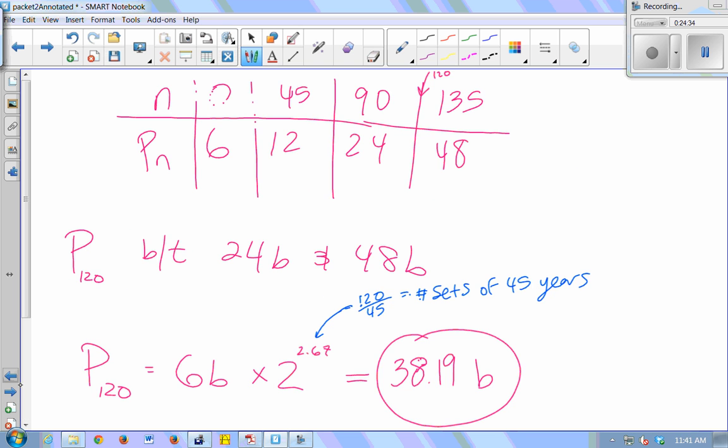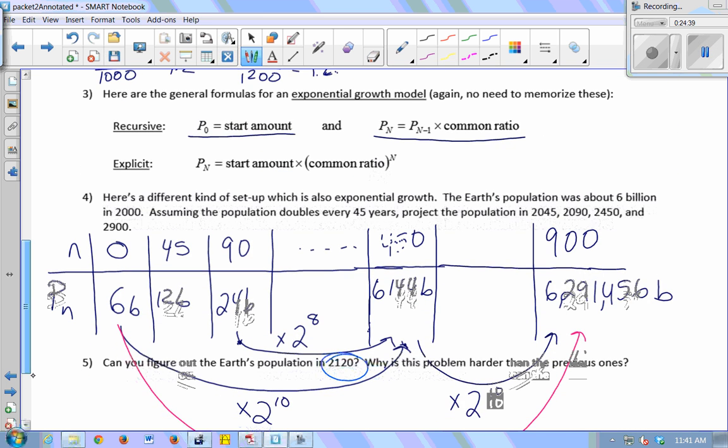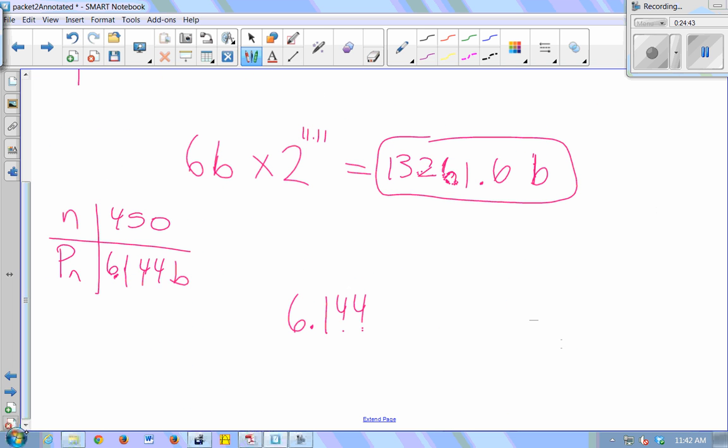It is 6,144, isn't it? Woo! Place value is tough. 6,144 billion. Okay. And then I'm going to double it some number of times, right?